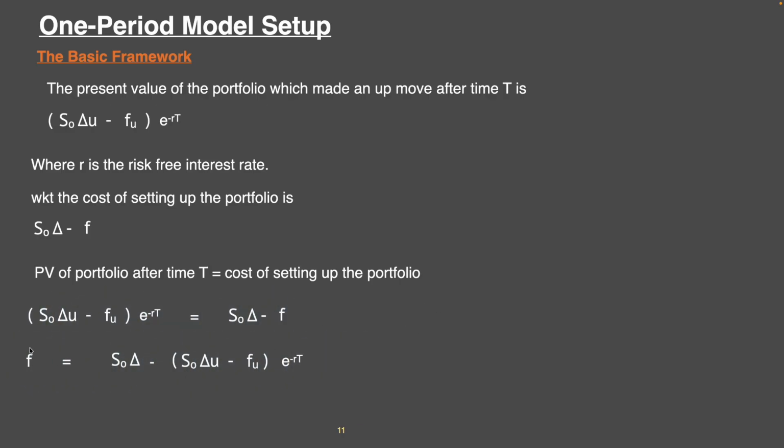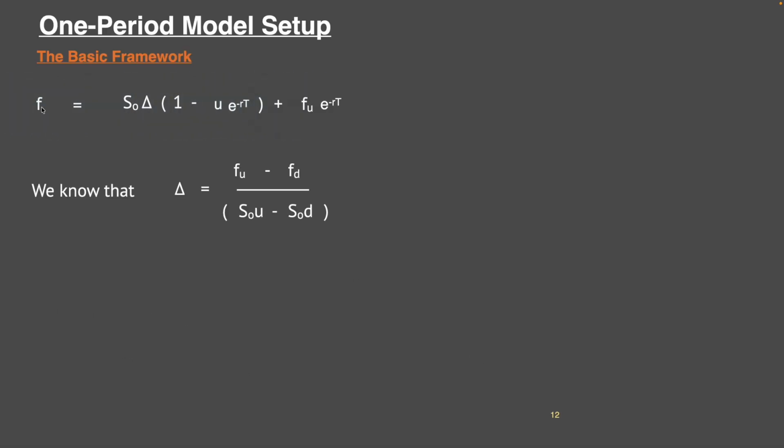Now here you are going to get the price of the option initially. What should be the price of the option F, which is equal to S0 delta minus S0 delta U minus Fu into e to the power of RT. With this formula of F, we know that delta is Fu minus FD divided by S0 U minus S0 D. We have just derived this equation.